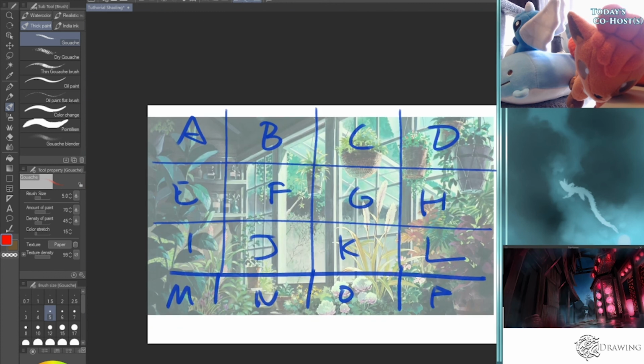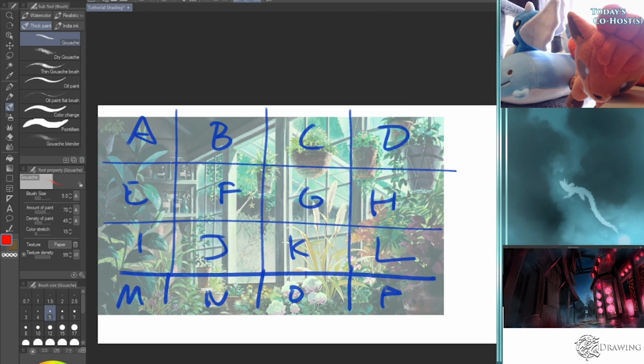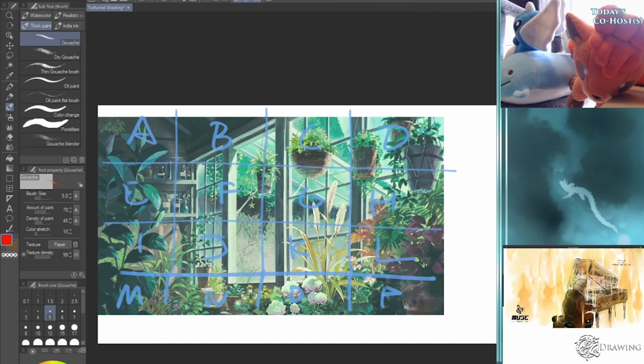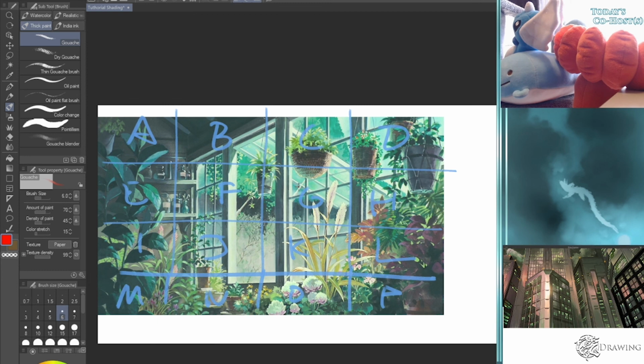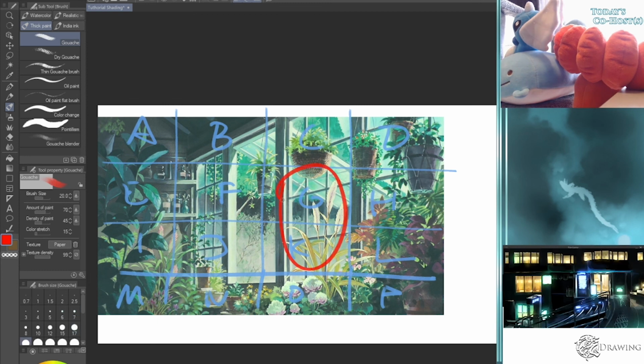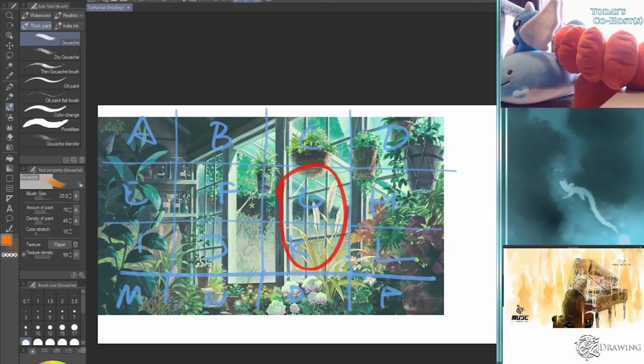Where is the focus of this composition? G to K. G to K. Okay. Other thoughts? Why do you think that the focus is G to K? Fabled Wind says F. Why do you think the focus is F?